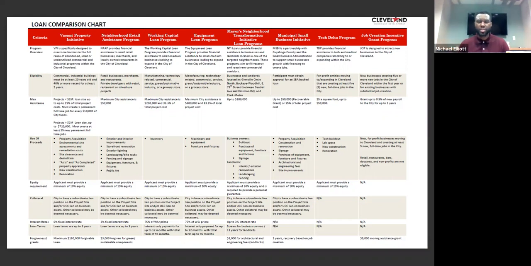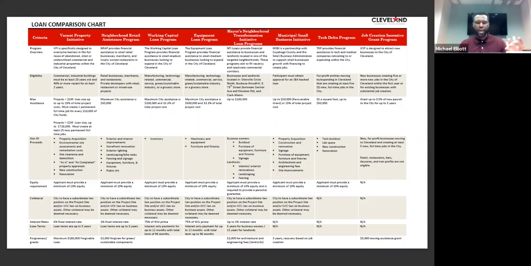This list, or something similar to it, can be found on the makeincleveland.org website. I think they've updated the website name. We'll put it in the chat for you. This list talks about all the different programs that the City of Cleveland has, and it can be found on their website if you go check that out. What's great about these programs is they provide the gap financing that many investors or developers need.